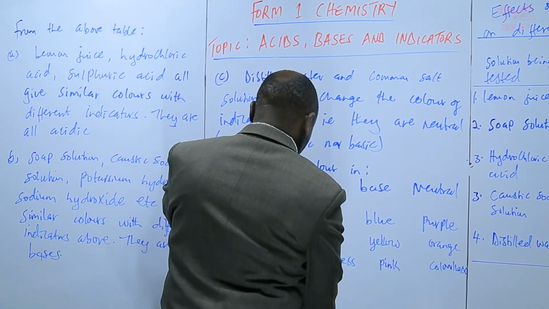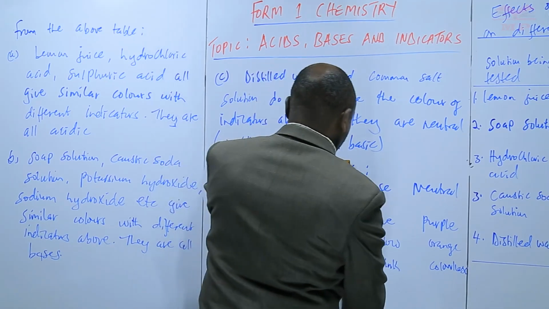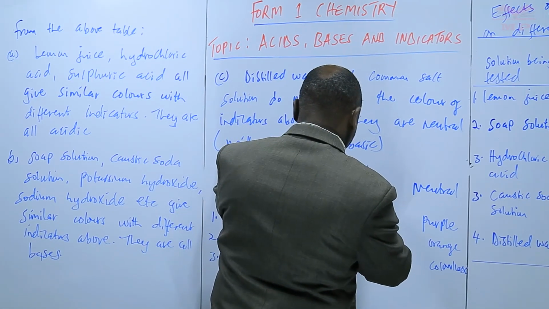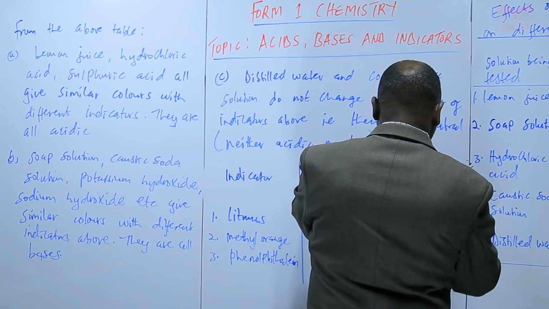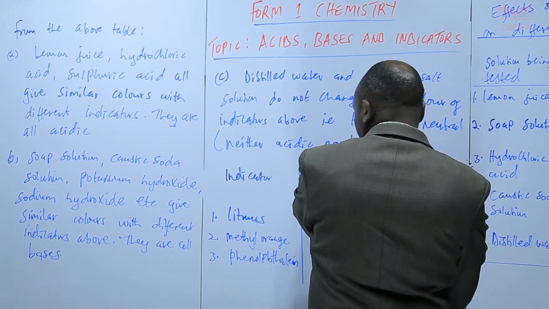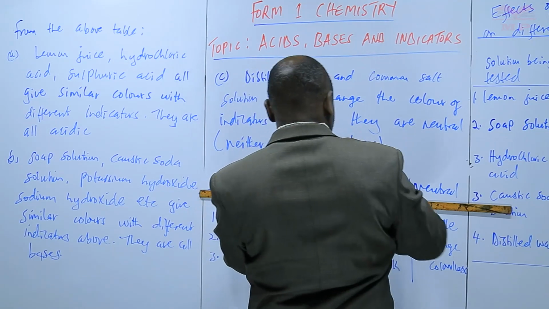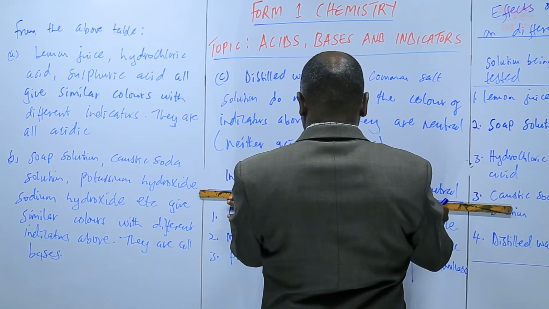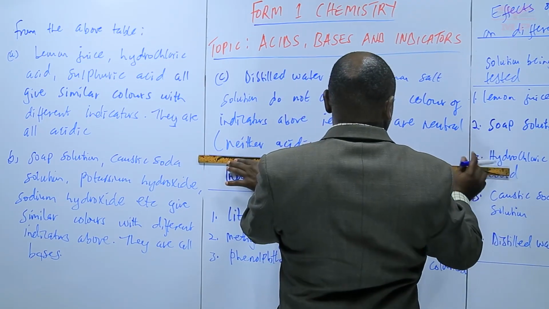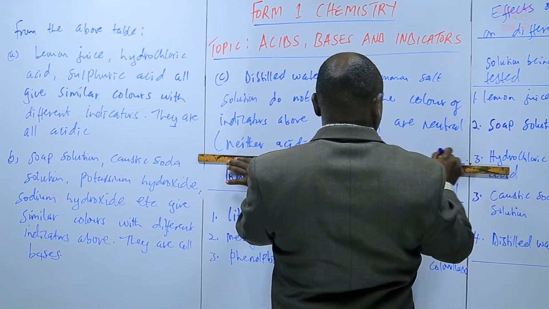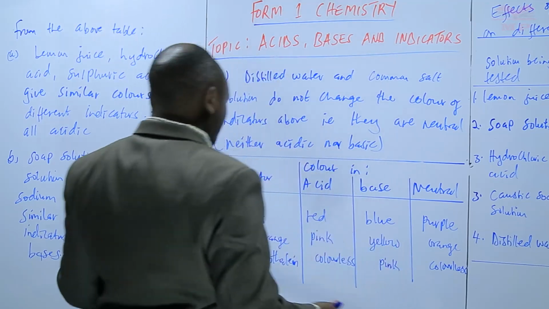So this is the conclusion that we've got from the first table. We have an indicator, and then we have the various colors that it gives us. If, for example, the solution is acidic, if it is basic, and if it is neutral.